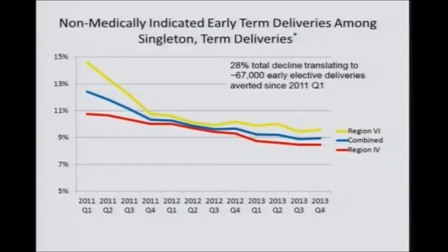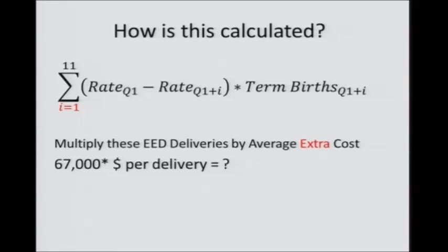And so I was like, okay, I think I can do that. What that is, is just the risk difference for each quarter after the baseline times those that were exposed, the denominator, term births. And so there were a total of 11 differences, because this was over 3 years, from 2011 to the end of 2013.